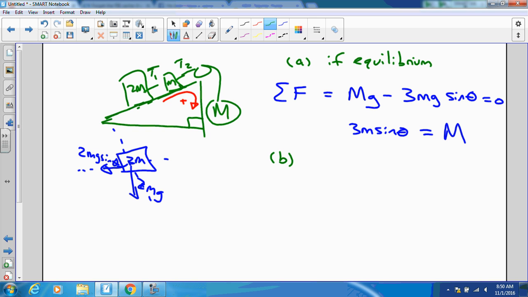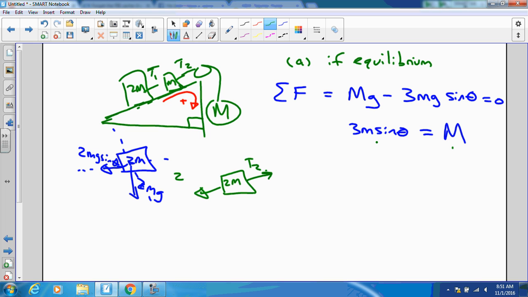So now we need to come back and break this into its constituent parts. And what we have discovered is that big M is equal to 3m sine theta. So if we now consider each of the constituent parts, what does the free body diagram look like for our 2m?